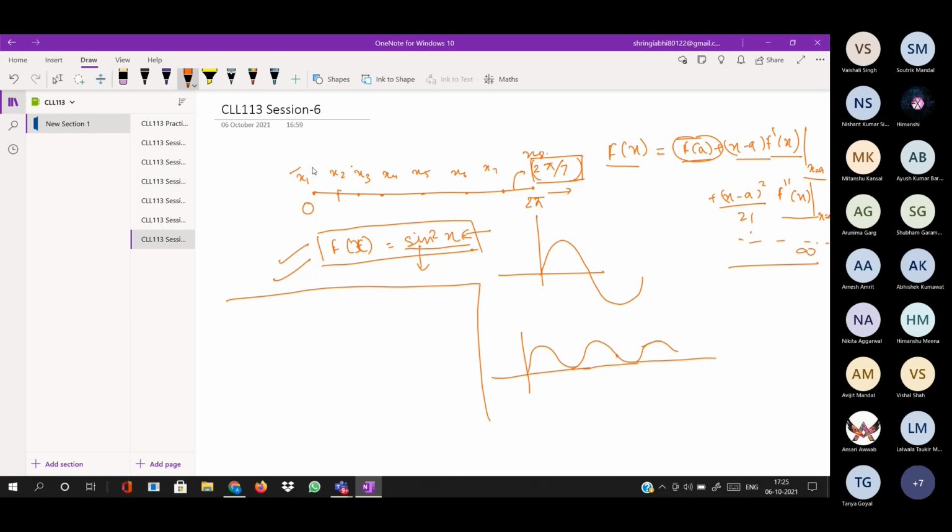But here I do not want to go there. I want you to think, what comes to your mind when you see this? Can we write it just as some coefficient a naught plus a1x plus a2x square and so on till a n xn? Do you agree or not?